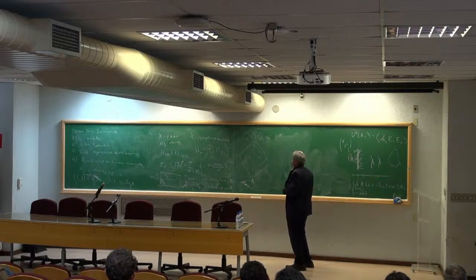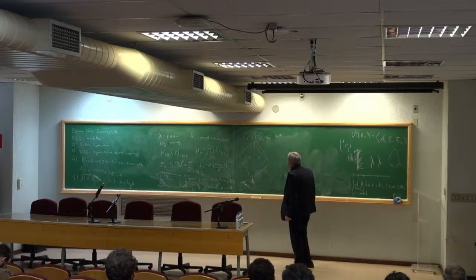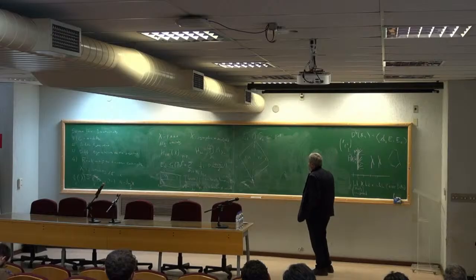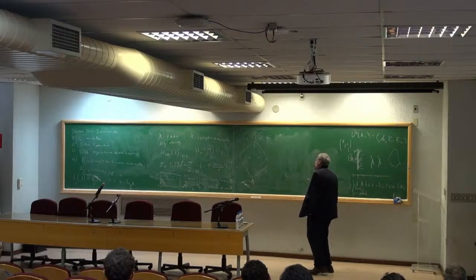Now, how do we proceed in this case? Well, we need to say something about why you cannot get this Calabi-Yau in this piece, and the way to see that is as follows.